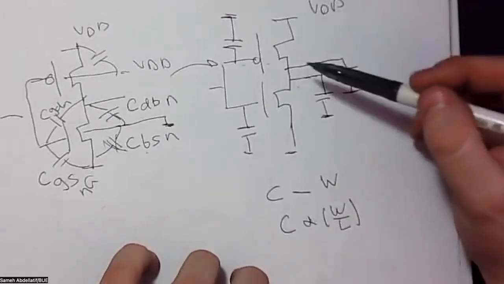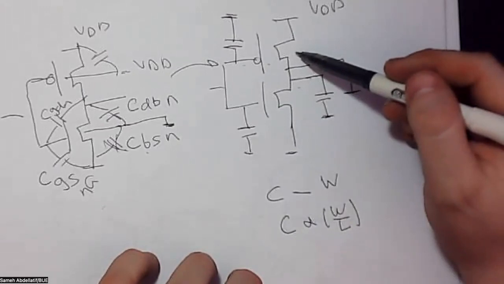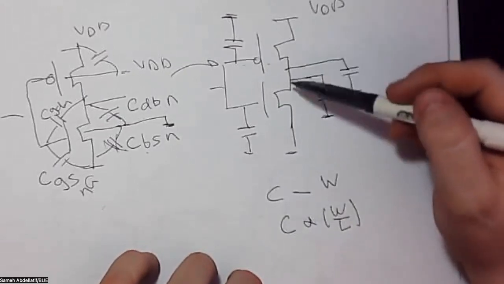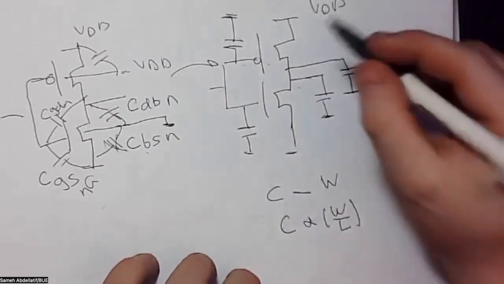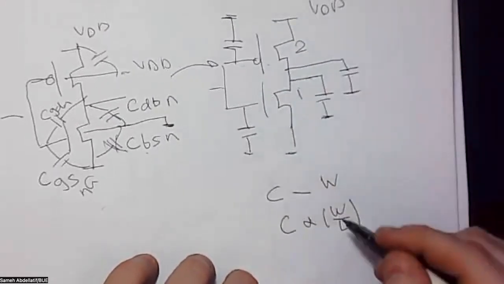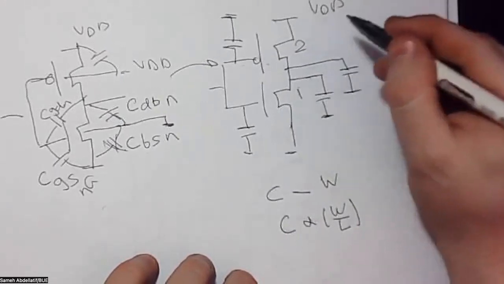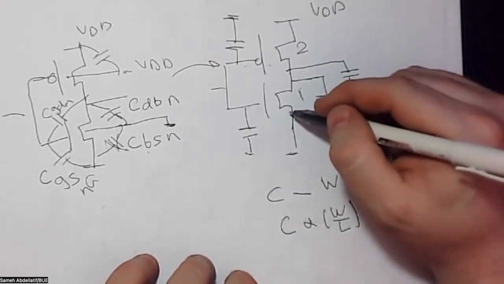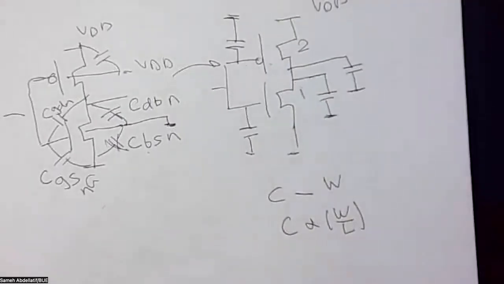So whenever you are considering the sizing between the PMOSFET and the NMOSFET, you know that this sizing is roughly in the range of 2 to 1, which means that the W over L here is double the W over L here.